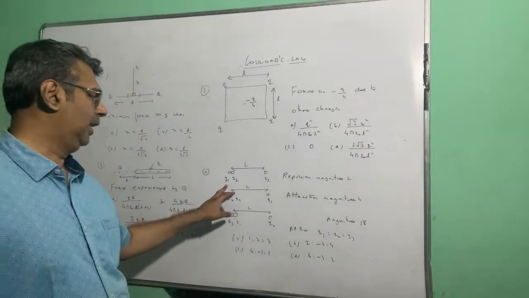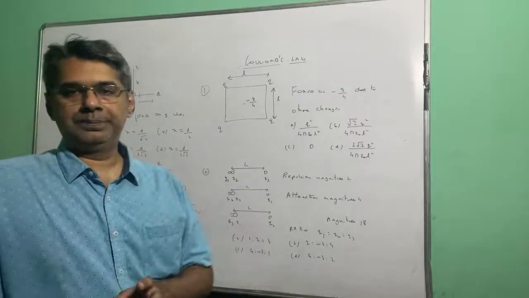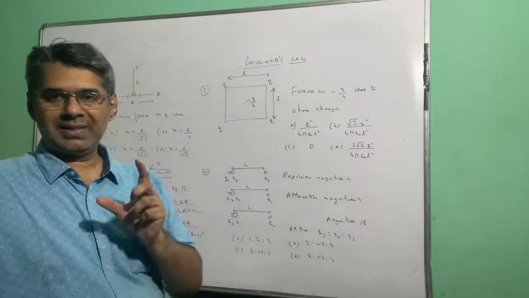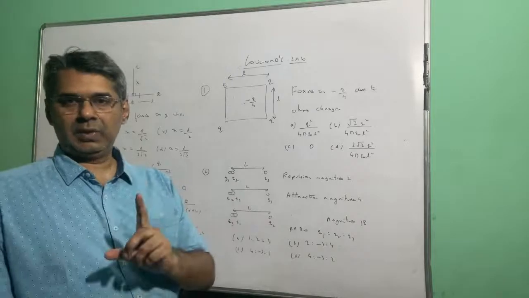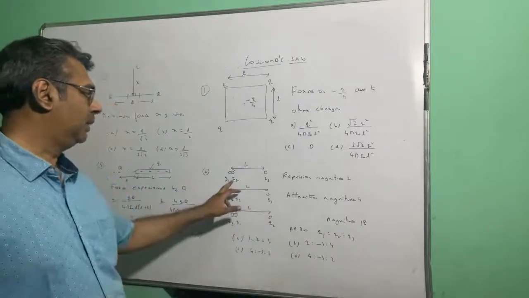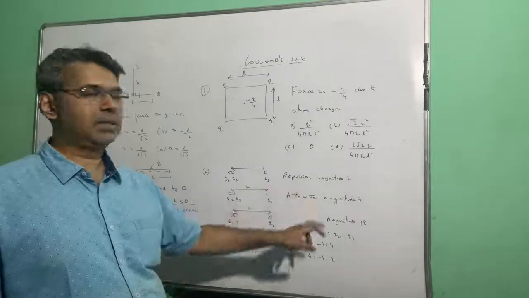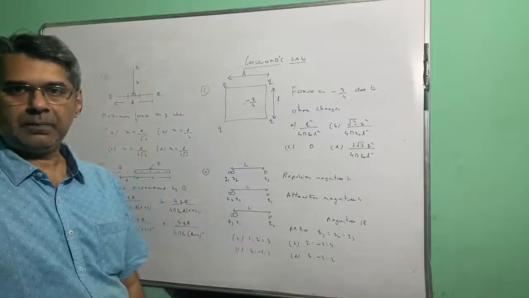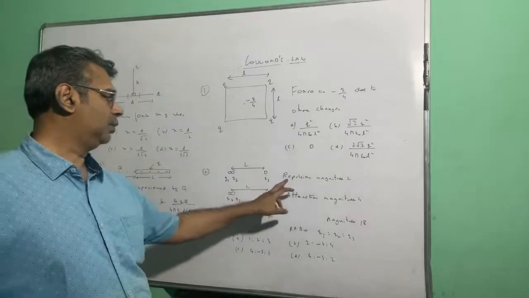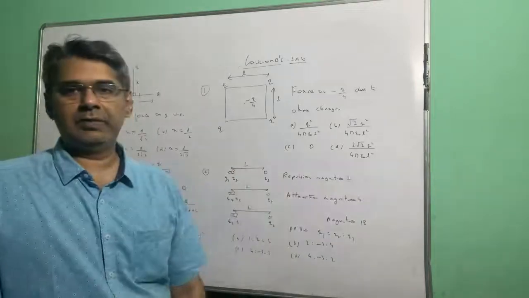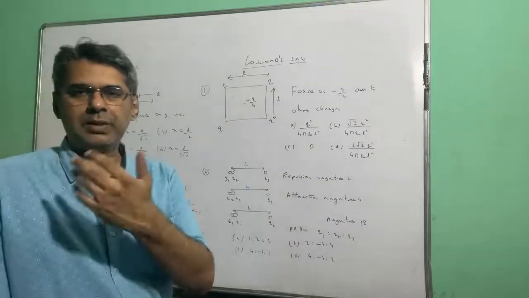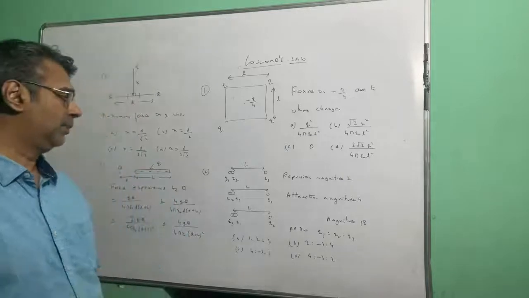So when q1 and q2 are taken together as a single charge, then between q1, q2 and q3 there is a repulsion, right? And if the distance is capital L, the magnitude of the repulsion is 2. So it is 2 units, whatever units.